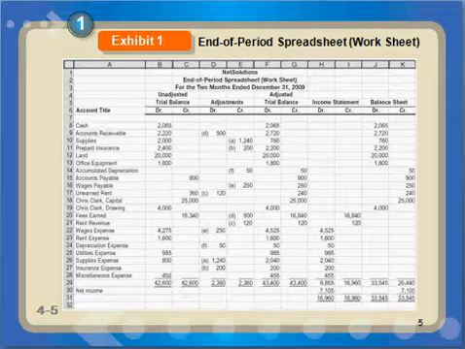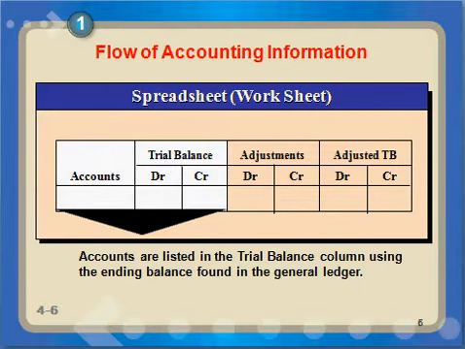So our debits do have to equal our credits in this unadjusted trial balance column before we do anything else. Once we do that, then we go through and look at our accounts and see which ones need to be adjusted. So the first thing we do is list all of our balances from the ledger into our trial balance columns.